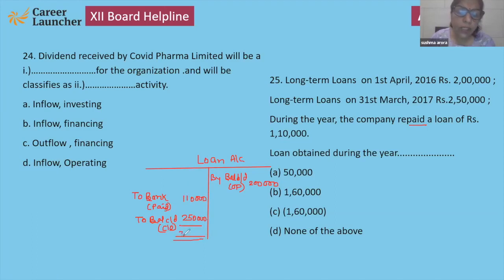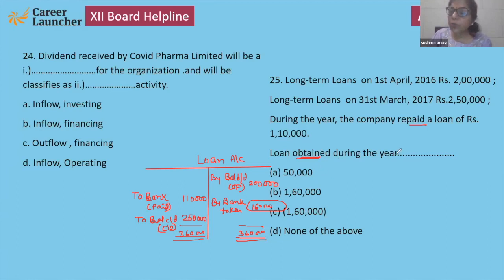Okay, so that is 3,60,000. So if paid is there, it means by bank will be there on the other side. The balancing figure is for loan taken. So here the balancing figure is 1,60,000 loan taken. Okay, so the company obtained a loan.